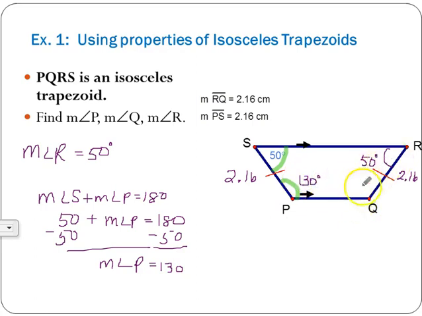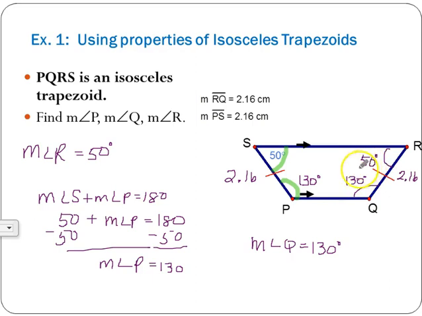Do I have information now to find Q? We sure do. We know that base angles are congruent, and angle P and angle Q are both base angles, so they're going to be 130 degrees as well. The measurement of angle Q is also 130 degrees. And we can check our work. These two angles here, since they're adjacent, have to add up to 180 degrees.